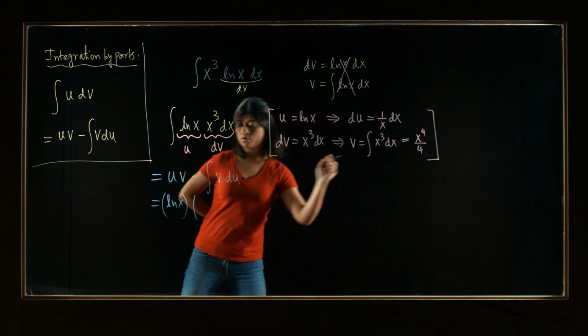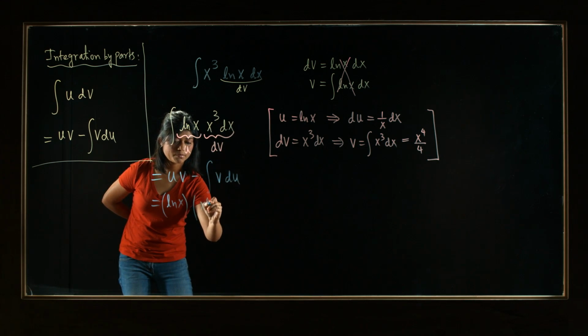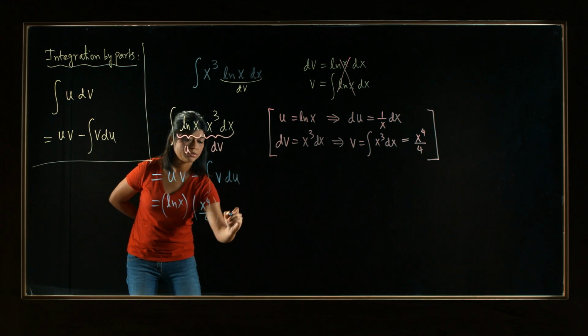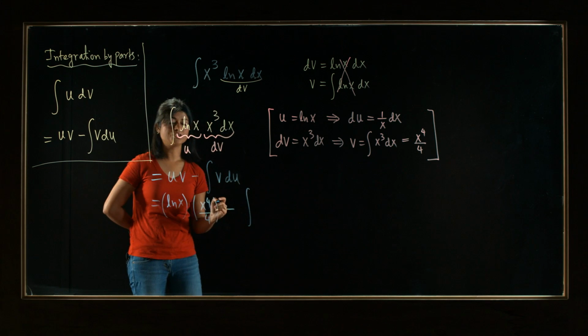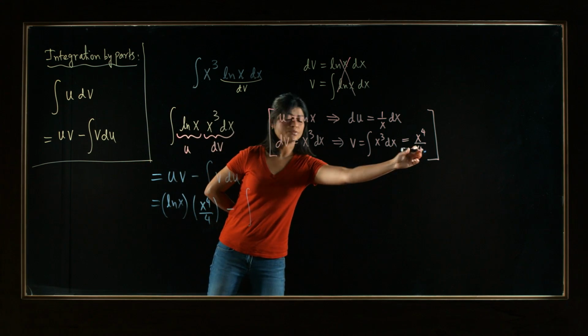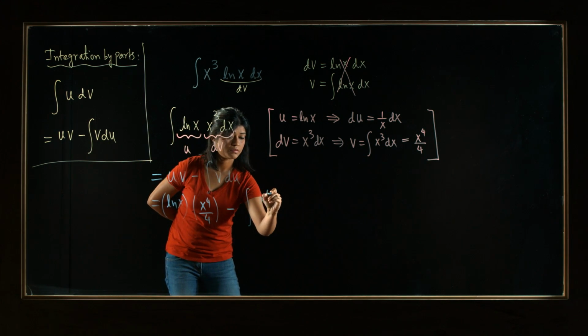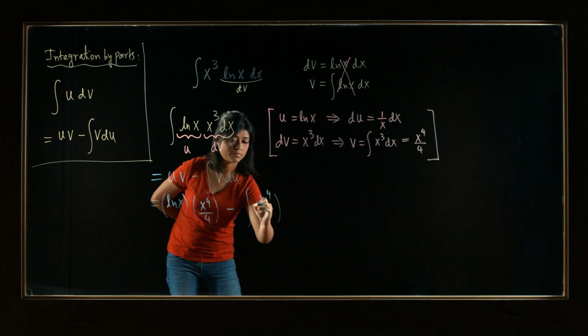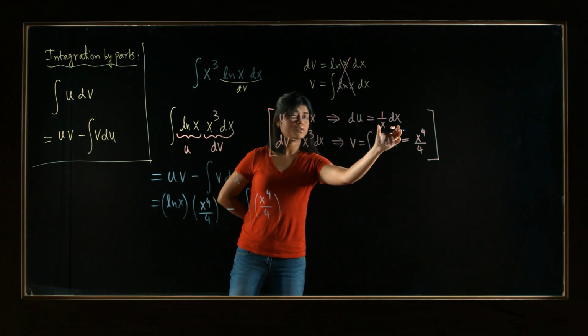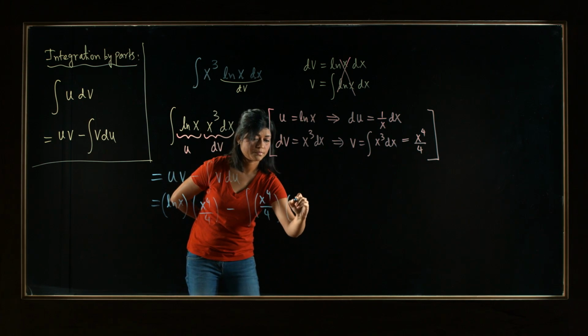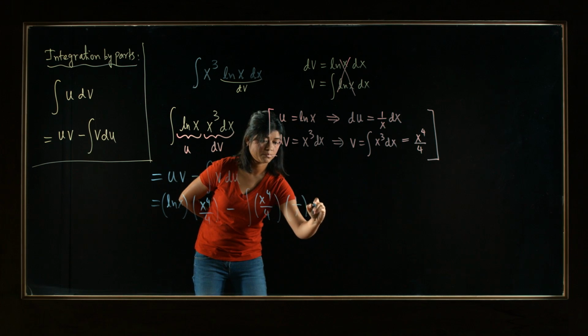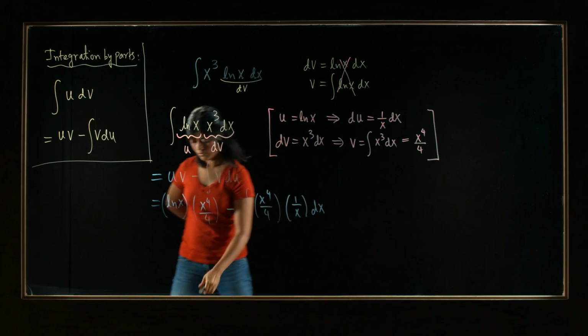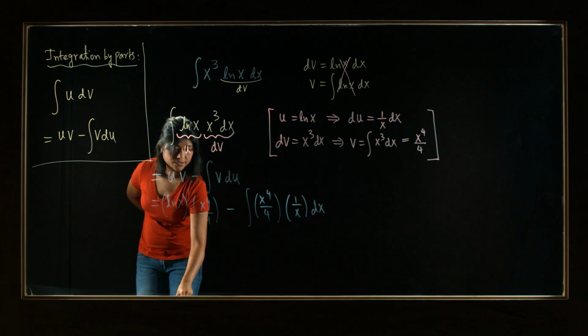V is x to the 4 over 4. And minus, you have another integral. Inside the integral, you will have v, and then du is 1 over x dx. Okay, so this is our setup.